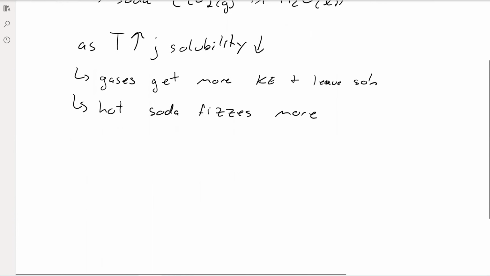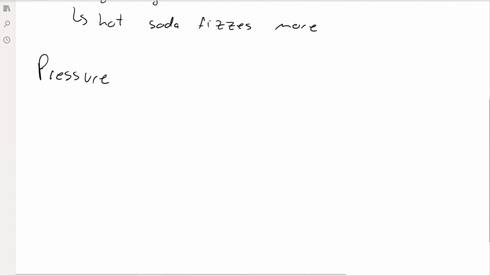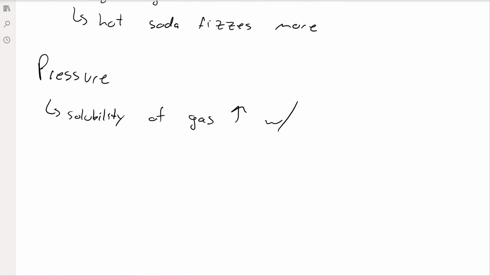Another thing that affects the solubility of gases in liquids is the pressure, or at least the partial pressure. The solubility of a gas will increase with an increase in the partial pressure of that gas. The partial pressure is an important part, right?